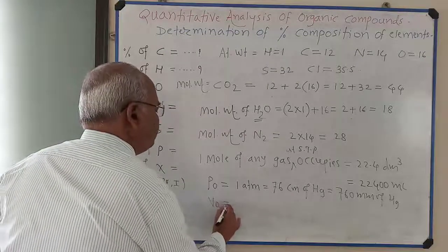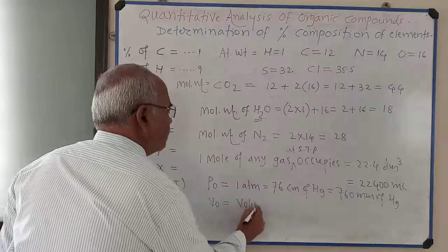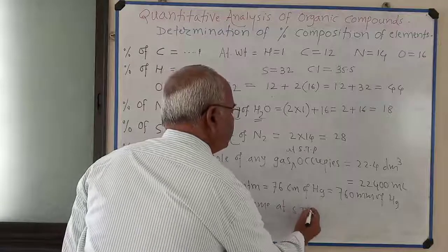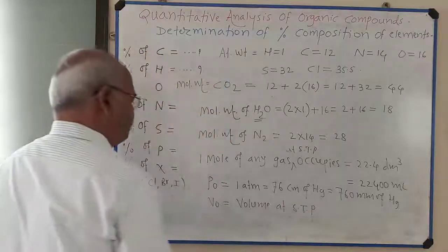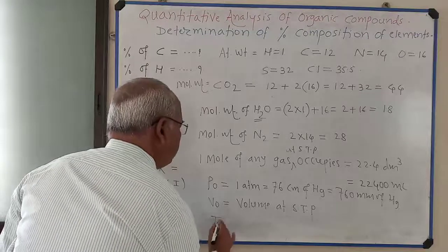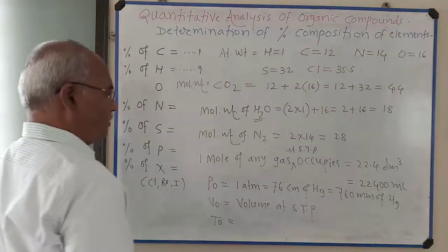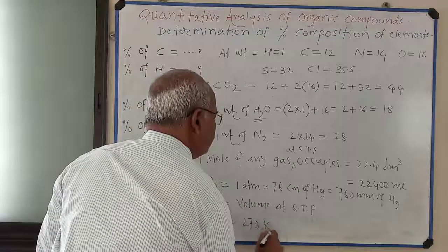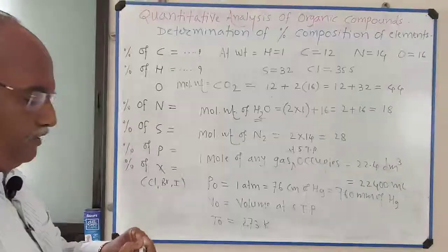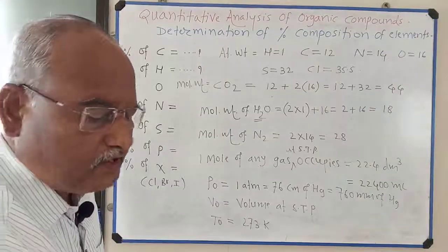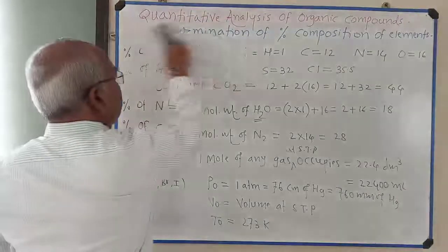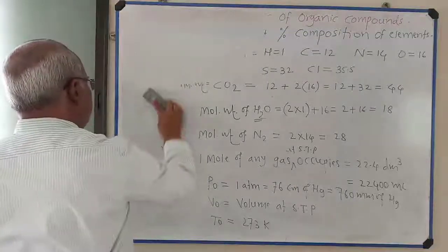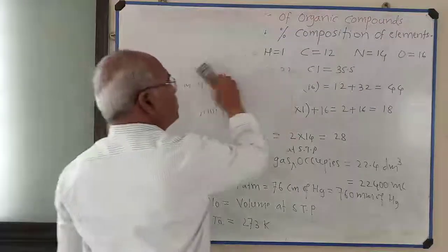V0 is equal to volume of the gas at STP, standard temperature and pressure. T0 is the temperature at STP, that is equal to 273 Kelvin. After explaining this, I am going to explain estimation of carbon and hydrogen by Liebig's method.